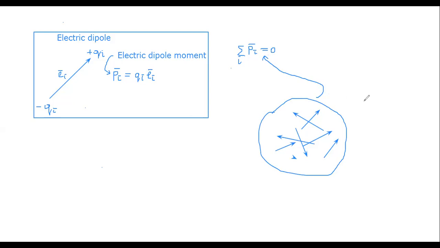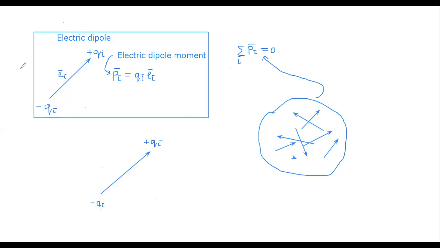But what will happen if we put a dielectric inside an external electrostatic field? Let's have a look at a single dipole inside this field. There will be the next situation. Plus qi, minus qi.